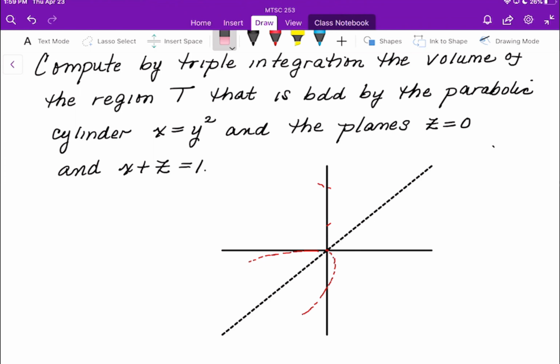So there's a plane. So it's a wedge, like a wedge of cheese.